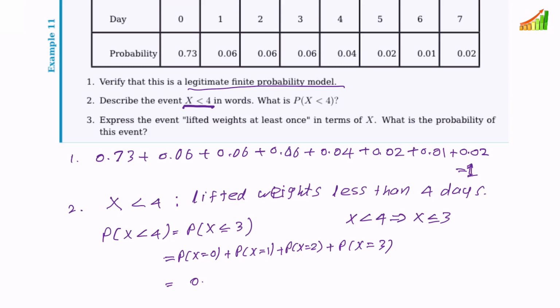Then we can find the probabilities from the table. This is 0.06, this is 0.06, the last one also 0.06. So this is 0.91. That is the probability X less than 4.